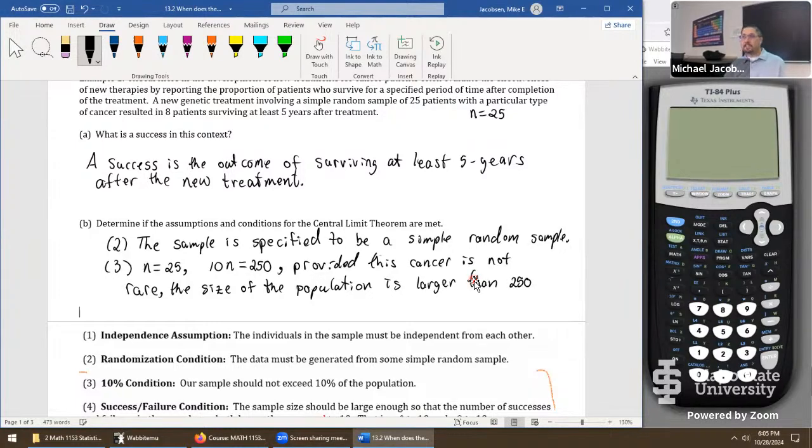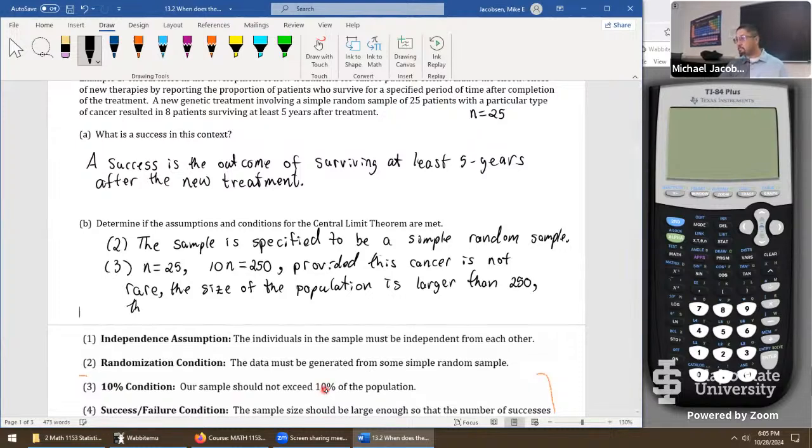For just about any kind of cancer you can come up with, if it's not a very rare type, there are loads of people suffering from the same thing, whether it's a bone cancer, a skin cancer, and so on. So I think this is a pretty reasonable statement. We don't have more than 10% of the population in our sample. So we can say here, this condition is met.